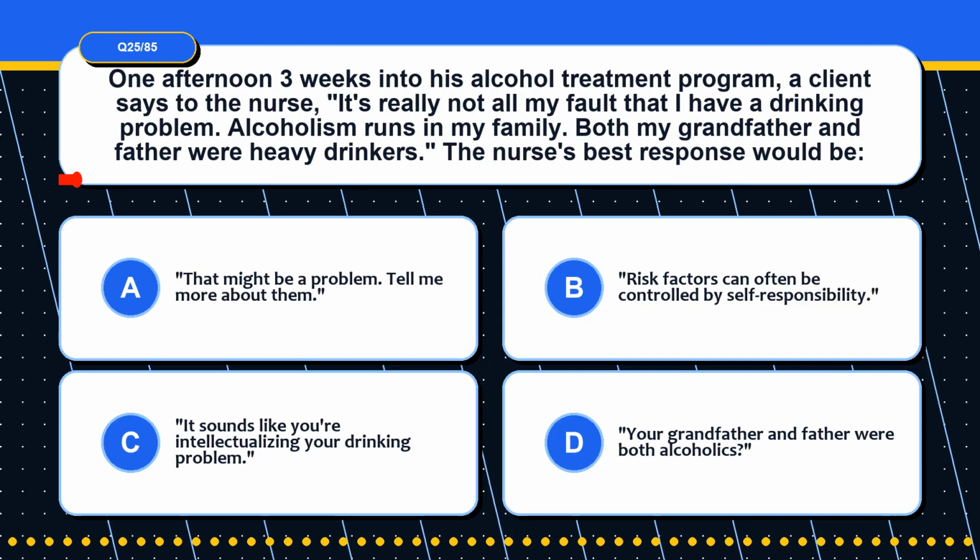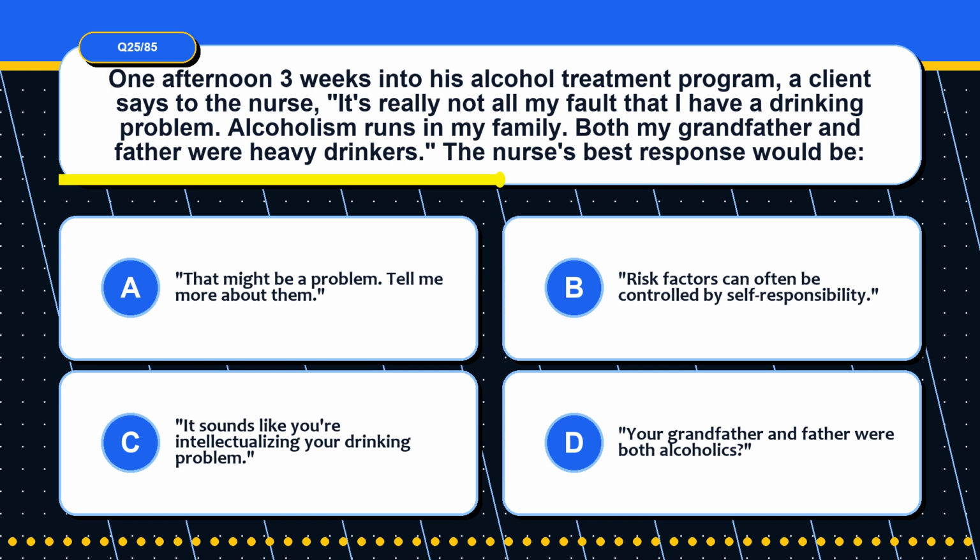Question 25. One afternoon 3 weeks into his alcohol treatment program, a client says to the nurse, "It's really not all my fault that I have a drinking problem. Alcoholism runs in my family. Both my grandfather and father were heavy drinkers." The nurse's best response would be, here are the options.